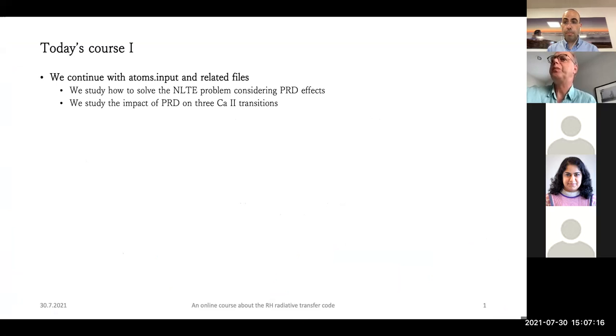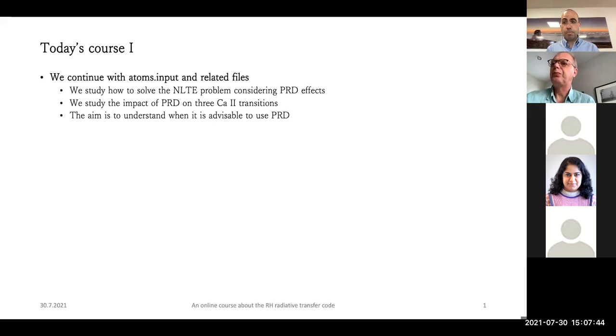We will study the impact on 3 transitions from the same atom. So we know that the calcium 2 atom that we are using can produce 5 transitions, the 2 blue transitions H and K, and then the 3 in the infrared. So we are going to study 2 cases, a case where PRD is almost negligible, and a case where PRD is really important.